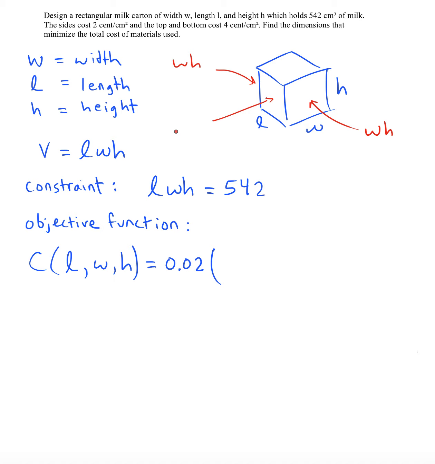Here we'll have L times H, and on the opposite side of that we'll have L times H as well. So we're actually going to have 2WH plus 2LH. That'll take care of the sides.